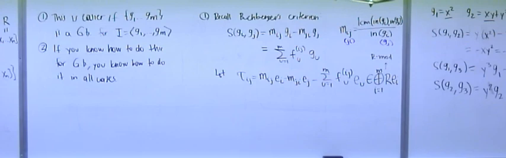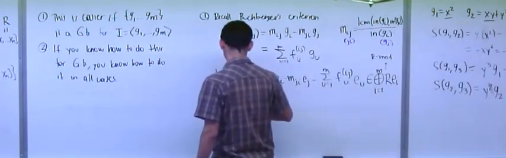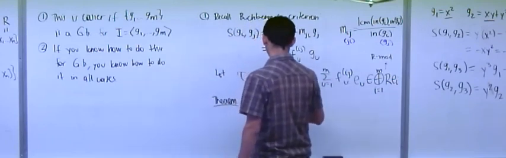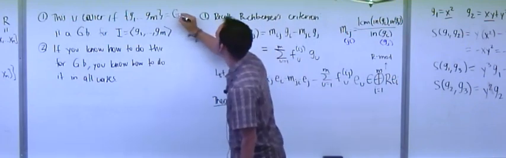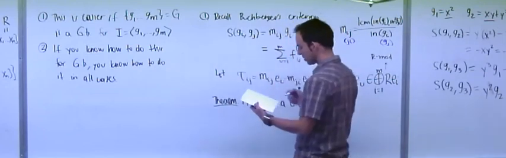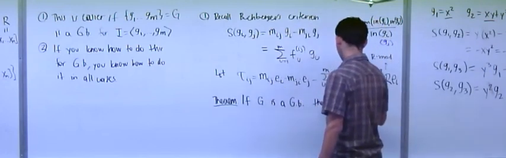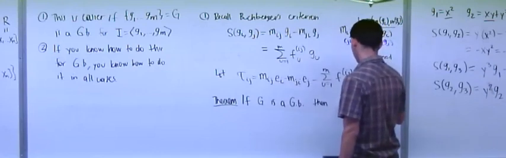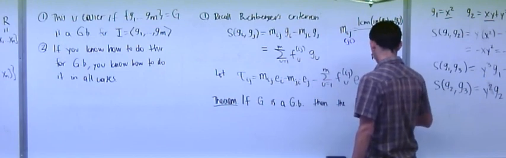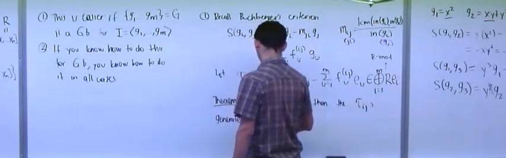And so the theorem is that if this set G is a Gröbner basis with respect to some order, and it's up to you what order you choose, then these polynomials, these elements tau ij generate the module of syzygies.